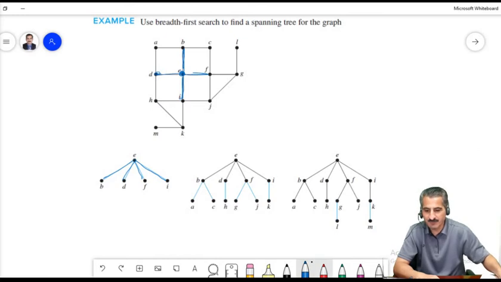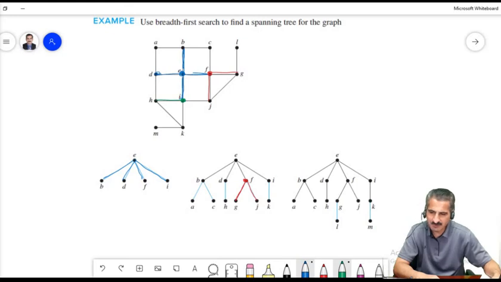Now if we go to F and see, it is connected to G and J, right? So here we go, F is connected to G and J. Good. Now if we go to I, it is connected to H. It's okay, we can do it.